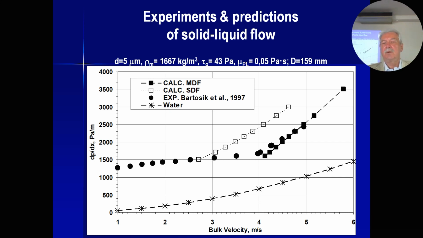Why is that? On the basis of this, we can assume there exists a suppression of turbulence in such kind of flow. So we recognize in some cases suppression of turbulence in the flow, while in other cases we can face generation of turbulence during the flow caused by the presence of solid particles.